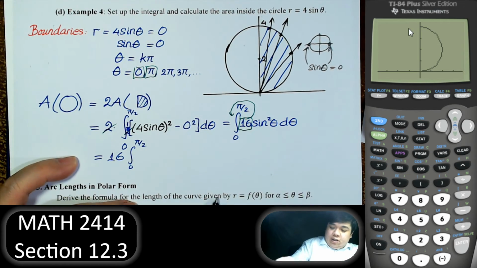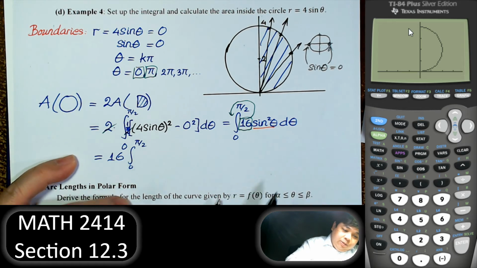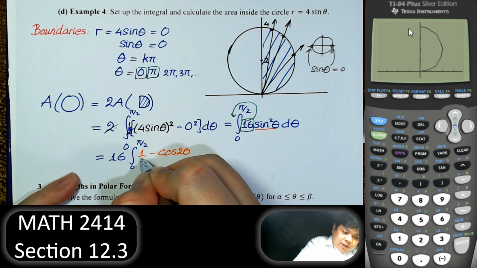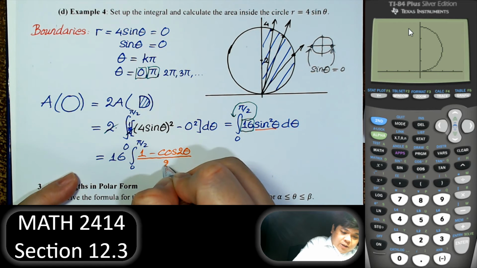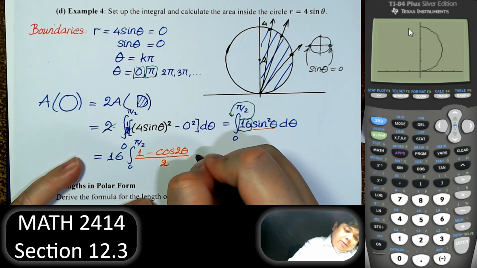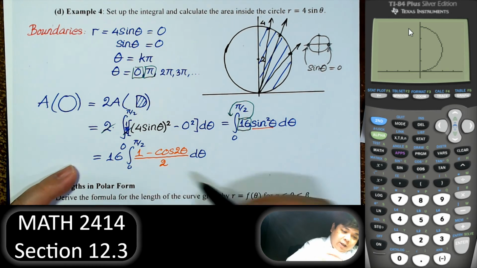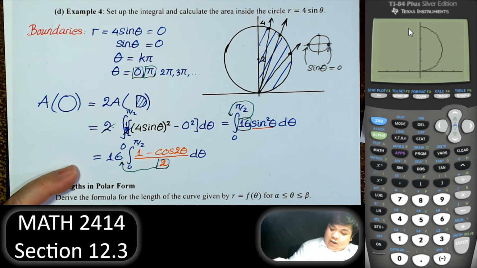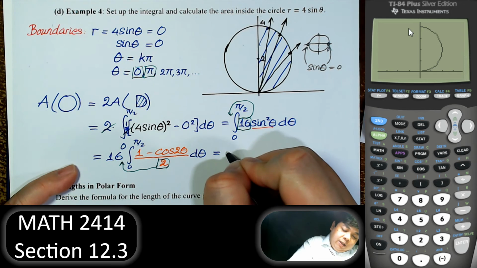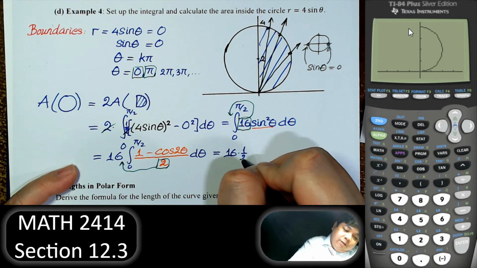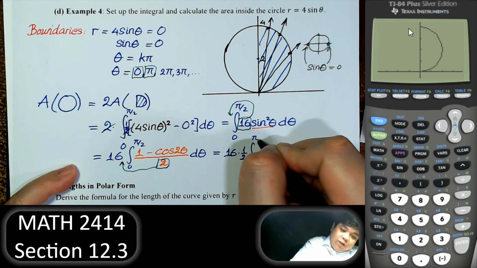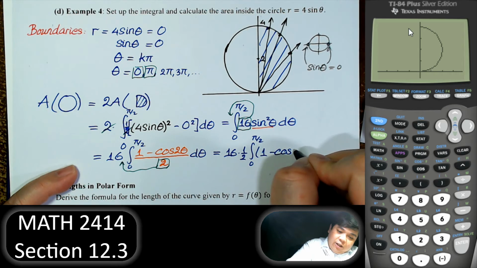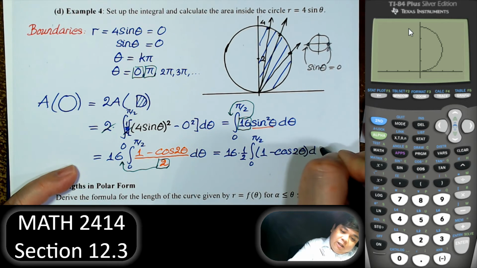Sine square is 1 minus cosine of 2 theta over 2. Take the 2 on the outside from the bottom. 16 times 1/2, integral from 0 to pi over 2 of 1 minus cosine of 2 theta d theta.